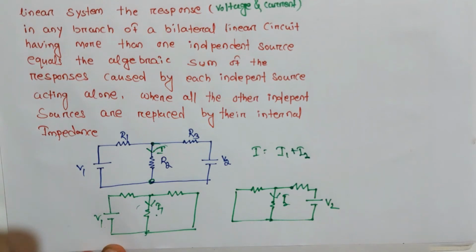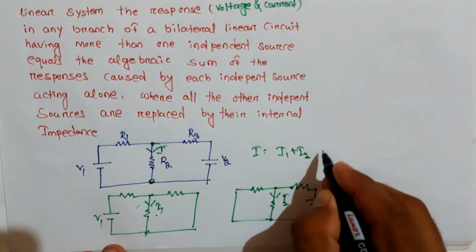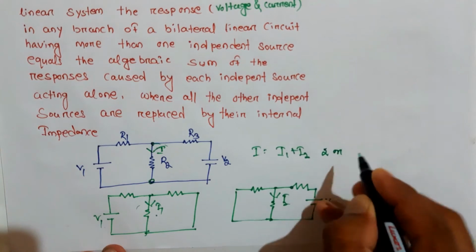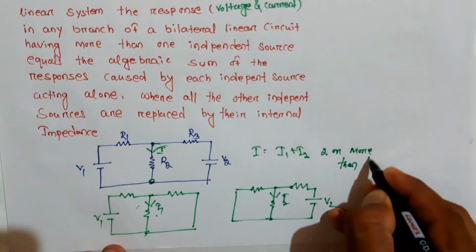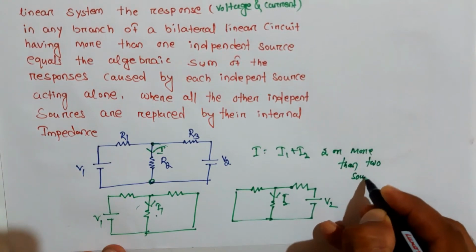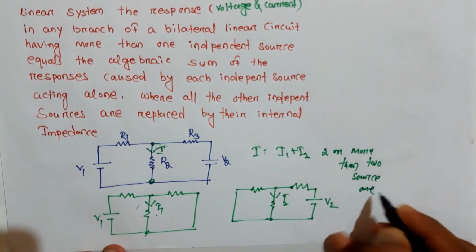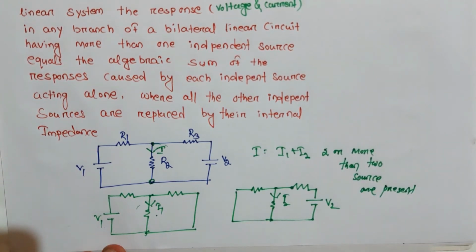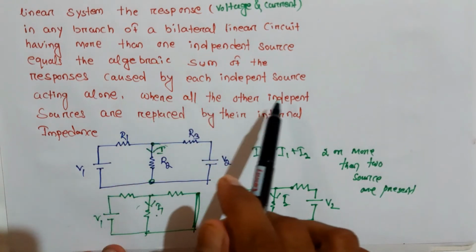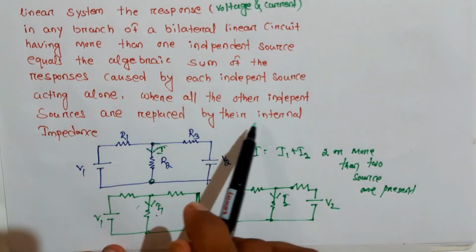One thing to remember: the superposition theorem is always applied where two or more independent sources are present in a linear circuit. Here I am going to short circuit this voltage source, because the statement says that all other independent sources are replaced by their internal impedance.